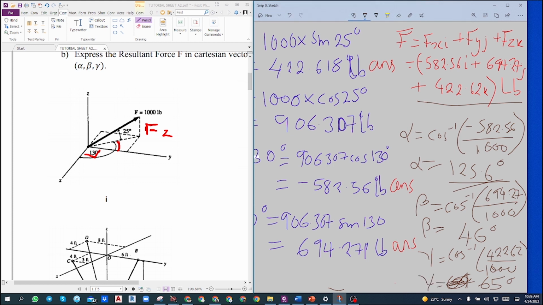So your gamma is equal to 65 degrees. And you're done.